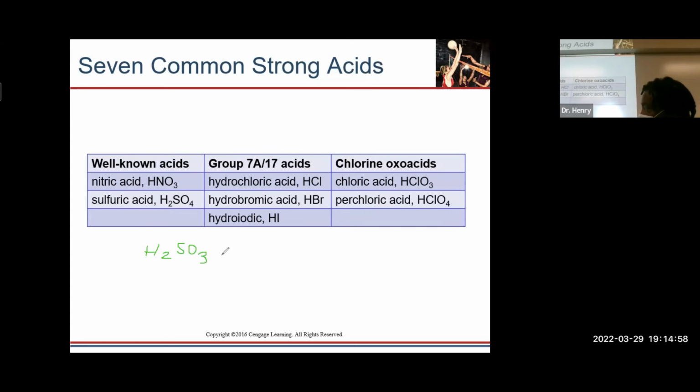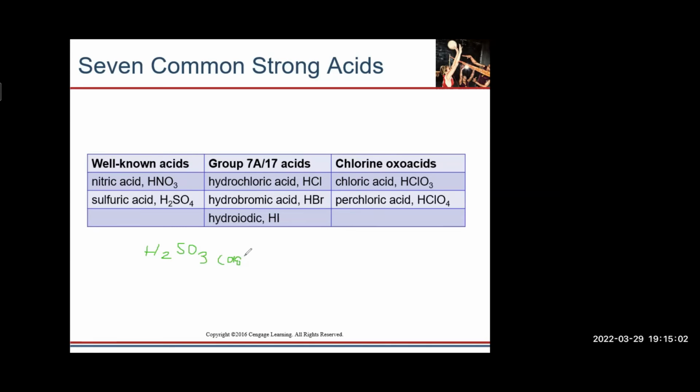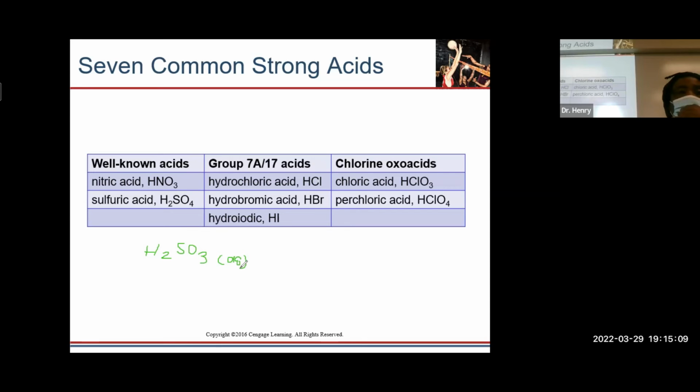So this acid is called what? You guys remember? Was it sulfurous? This is sulfurous acid, right? So sulfurous acid, anything that has OUS is typically a weak acid because you lost that oxygen.